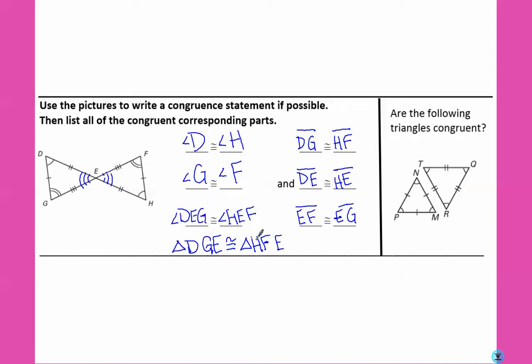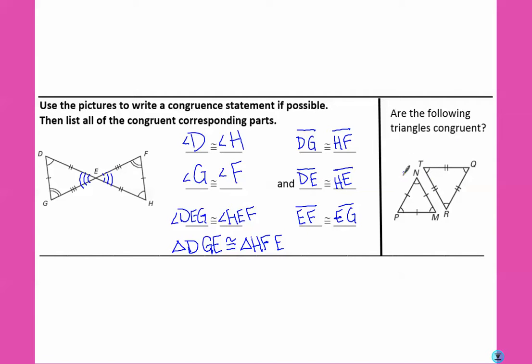Notice D and H are the same place, G and F, E and E. DG are the first two letters in our first triangle, and HF are the first two letters in our second triangle. DE is first and last, HE first and last. So the order that you write your letters in your congruence statement is very important.